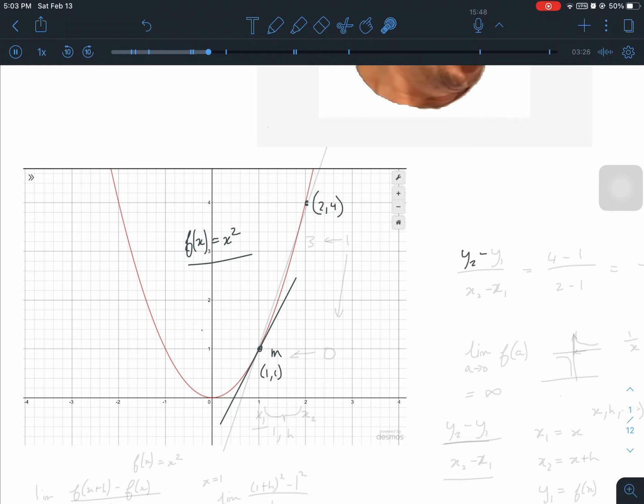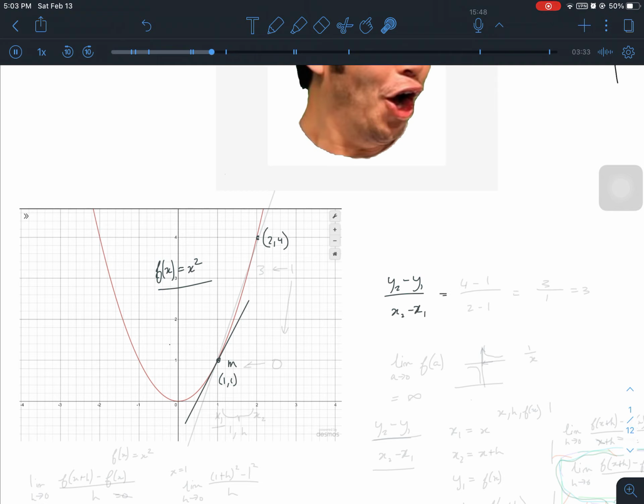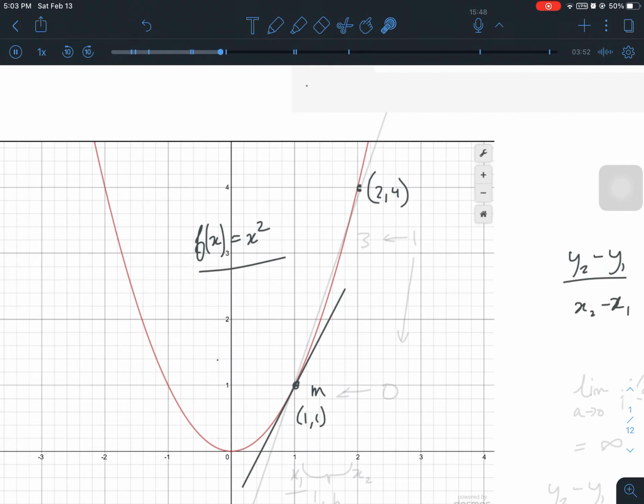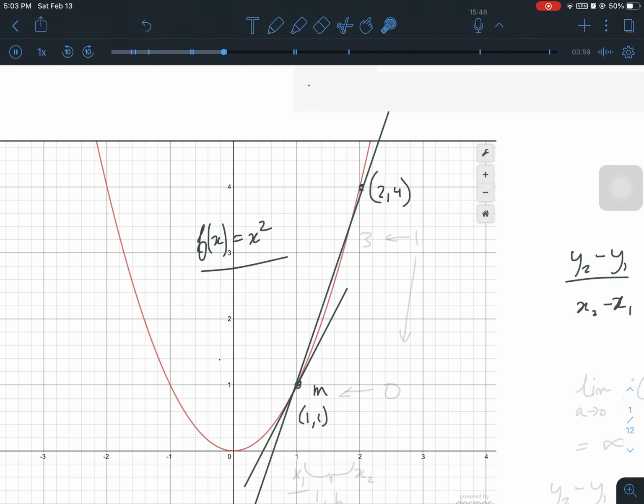y2 minus y1 over x2 minus x1. We find that the slope of this line, right, the slope of that line is 3, right?